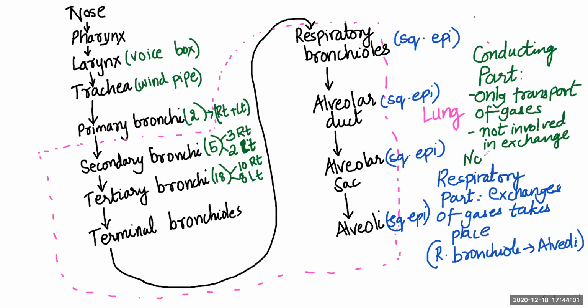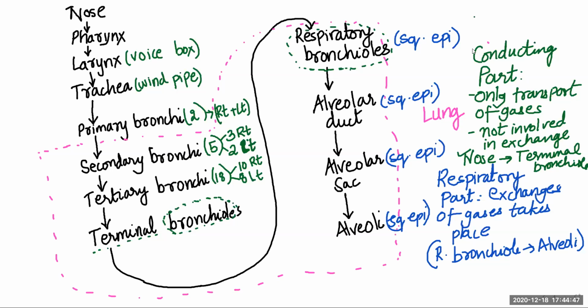So right from the nose till the terminal bronchiole, remember, questions come on terminal bronchiole. Terminal bronchiole is a part of the conducting part and does not exchange gases. Respiratory bronchiole, both have the word bronchiole, but terminal bronchiole and respiratory are given as different words.